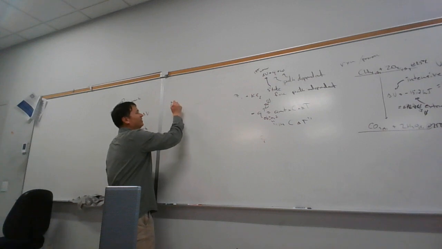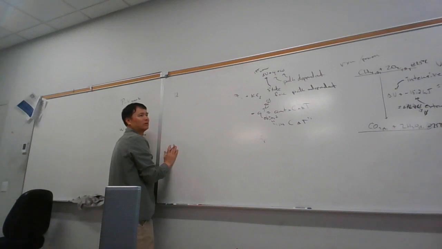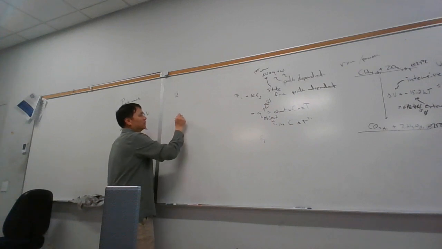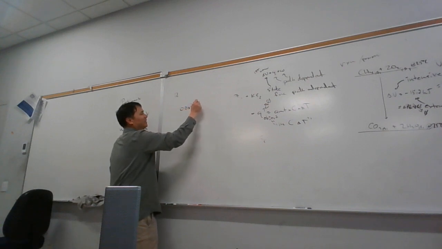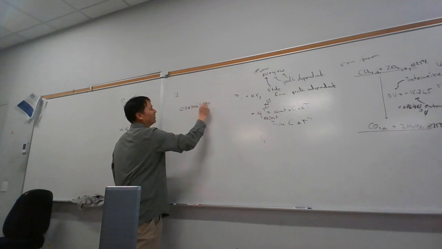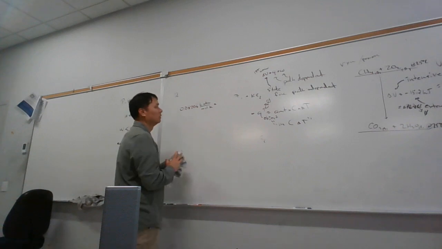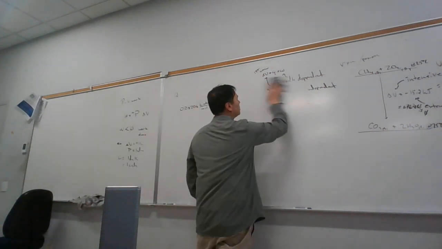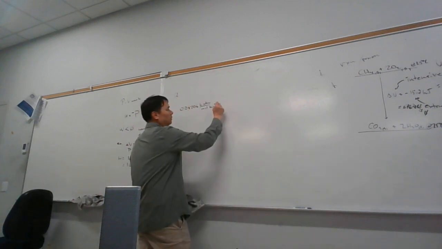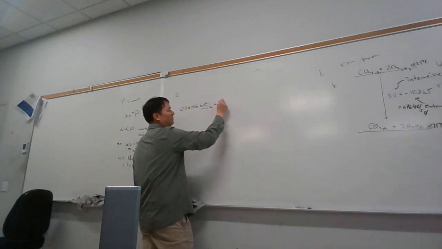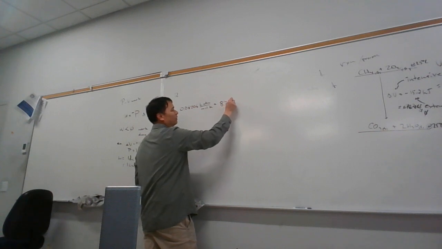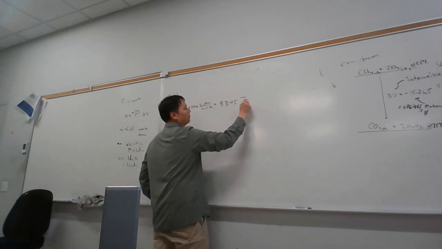And that is, do you know the R values? There are 2 units for R. What are they? This is the gas constant. 0.08206 liters atmosphere per mole Kelvin. And this is equal to the other unit, which is 8.3145 joules per mole Kelvin.